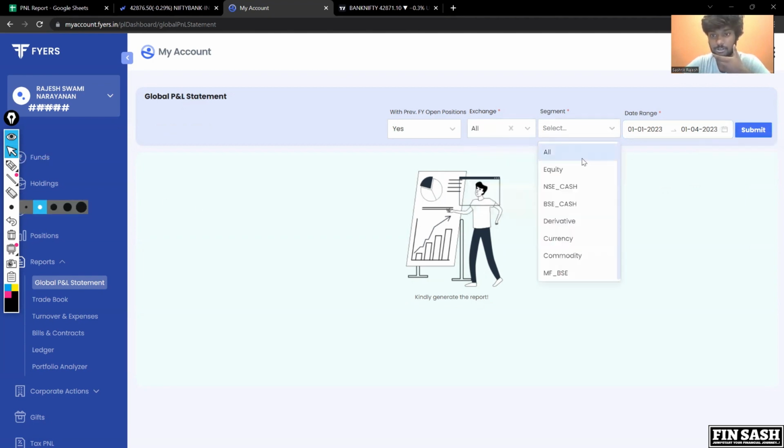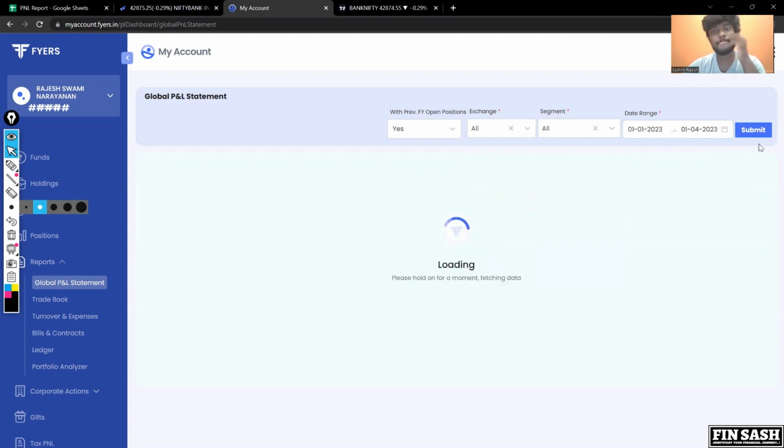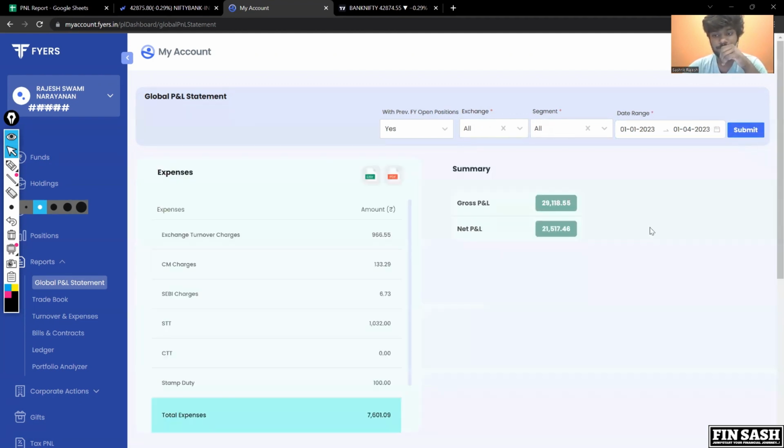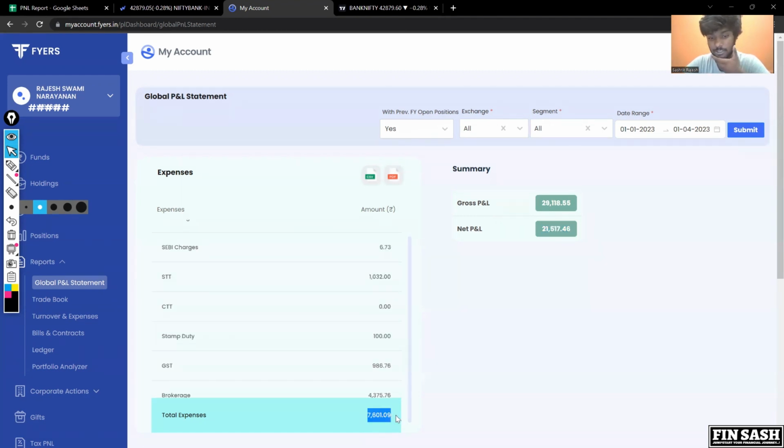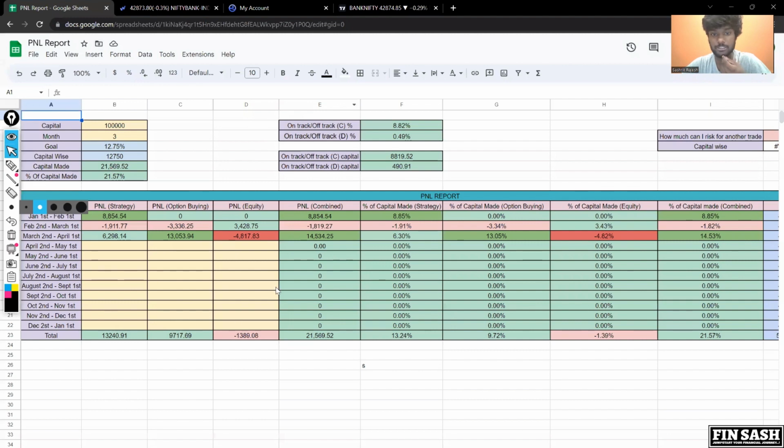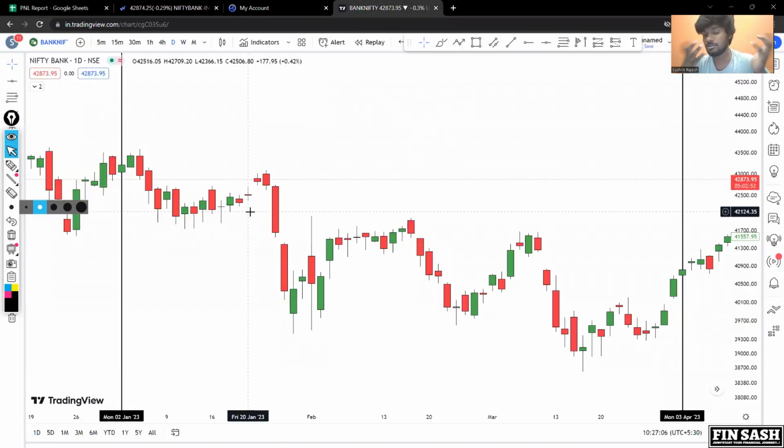So exchange all and segment all. All right, so my total PNL from Jan 1st to April 1st is 21,517 after all the charges, and my total expenses were 7,600. I did make a complete breakdown here, which I'll explain later, but let's first see month by month how my PNL was.